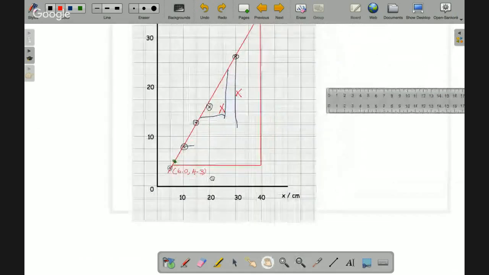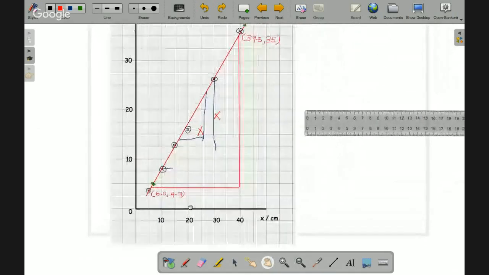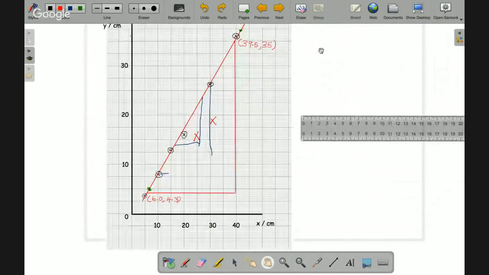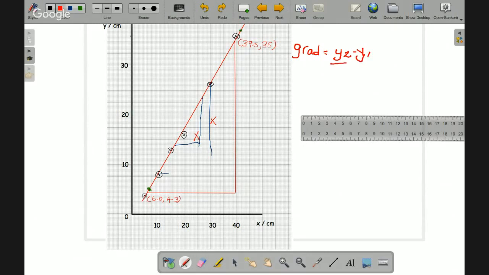Right, so if these are my values now and I want to find the gradient, if you could just remember that gradient now is y2 minus y1 divided by x2 minus x1.